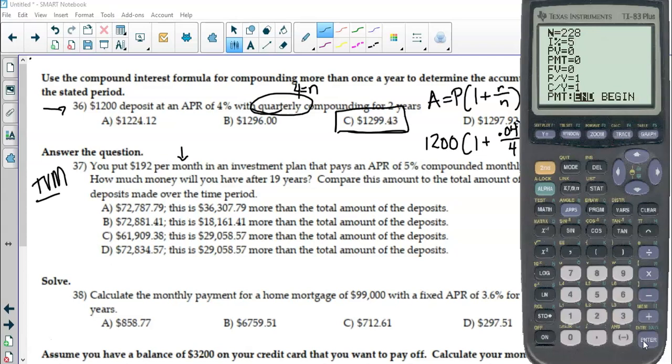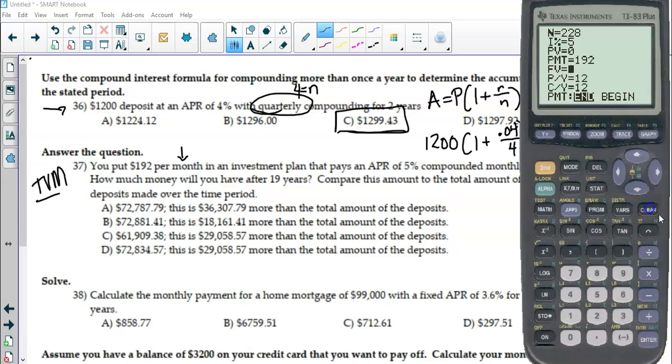In savings plans, the PV, the present value, is 0, right? You open the account and the account had nothing in it when you opened it, right? That's how you open an account. So that's 0, but every month you're going to put away $192. We don't know what the future value is. That's what we're looking to find out. But we're going to do this for 12 periods a year, and it's going to compound for 12 periods a year. Our PY and CY will always be 12.